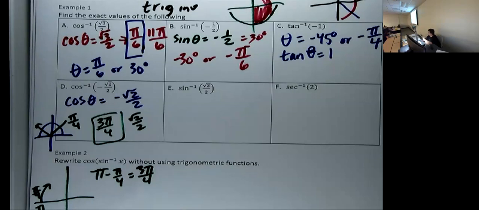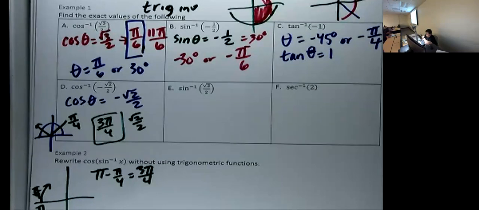All right, let's do sine. What do I do for sine inverse of root 3 over 2? What do you mean by quadrant?